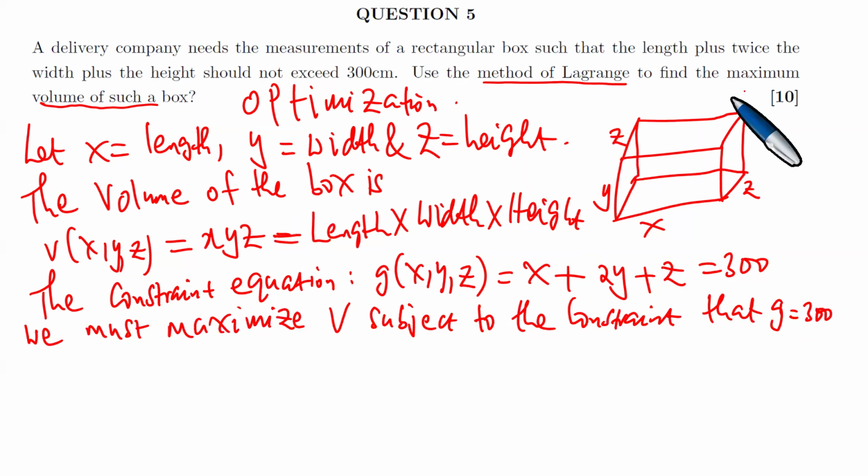Obviously, we need to find the maximum volume of such a box. So we need to maximize, but subject to the constraint that G must be 300 or less, or just 300. It can't exceed 300. So we compute.